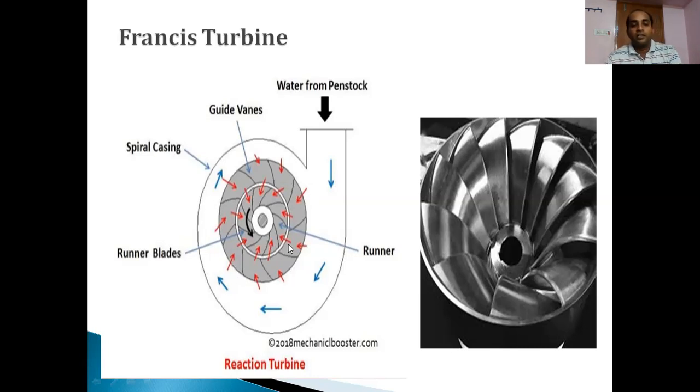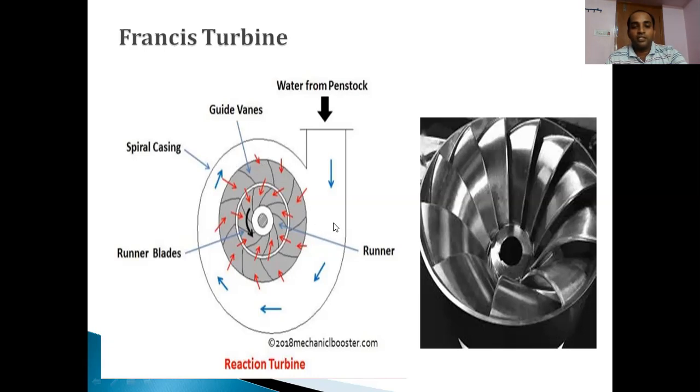So in this kind of turbine, we don't have a nozzle. But what happens here is we have a set of fixed blades. We call them guide vanes. You can see these are the fixed blades, guide vanes. And you can see the design, how it is in the form of curved shaped structures.